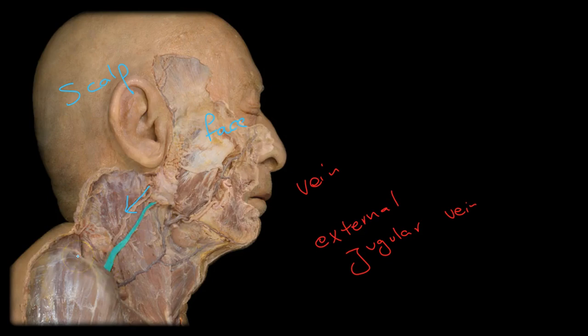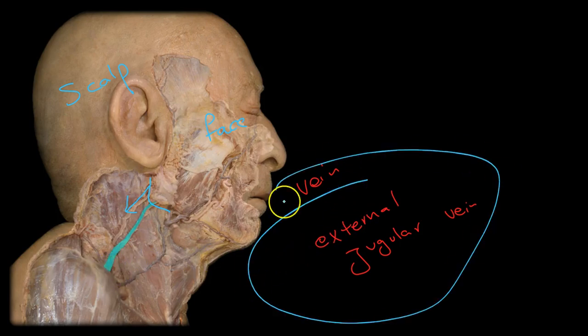The reason I'm explaining their route is because if you know their route, you can easily distinguish: oh, I know, this is made at the angle of the mandible and then goes to the middle third of the clavicle. That should be the external jugular vein.